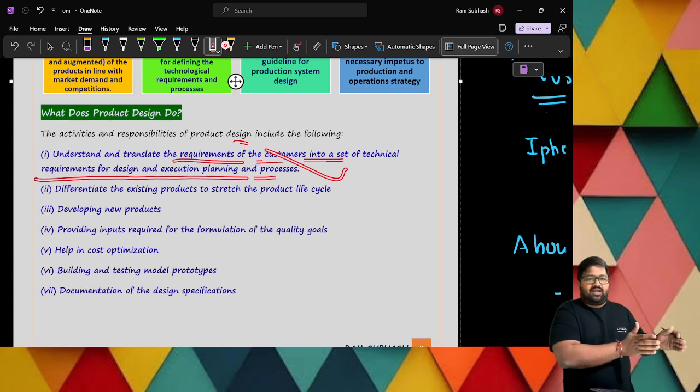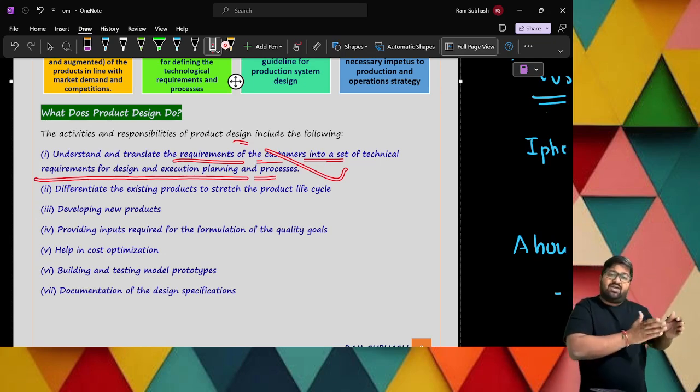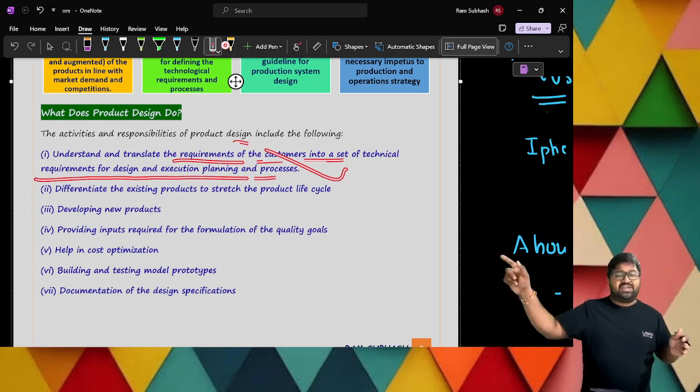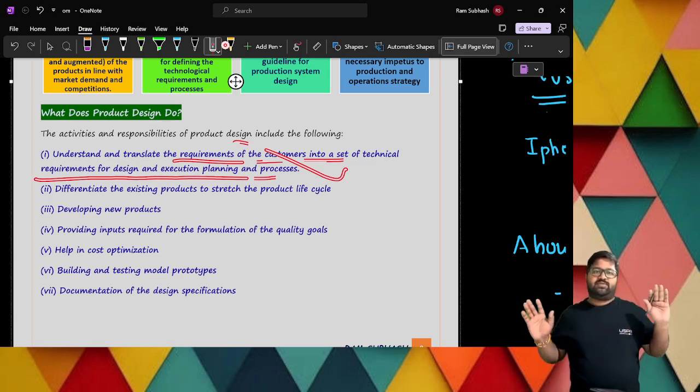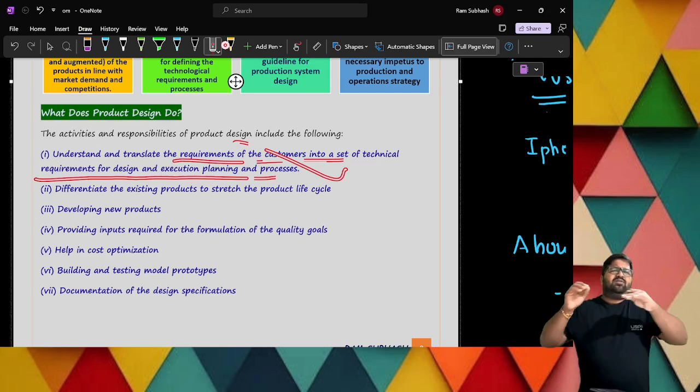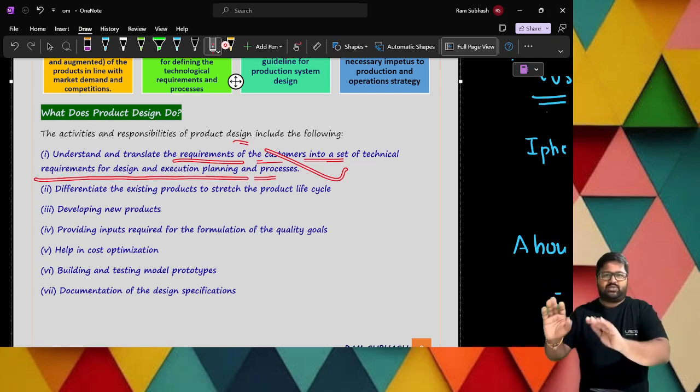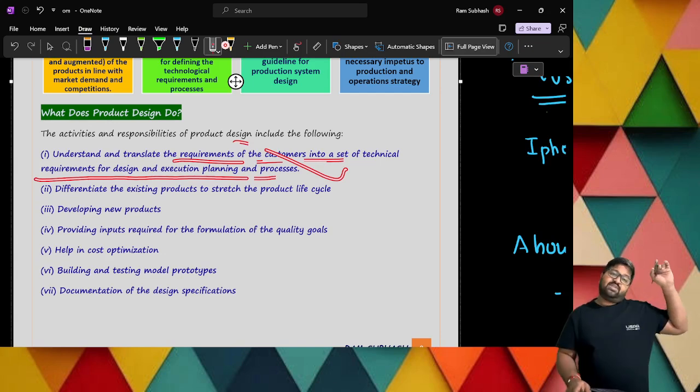Because of that, it has gone out of the market. If Nokia had identified the requirement of change and implemented it in the product, the product would still be continuing. Is Nokia mobile continuing now? Not that much. The products are being sold, but not the way it had in the past.